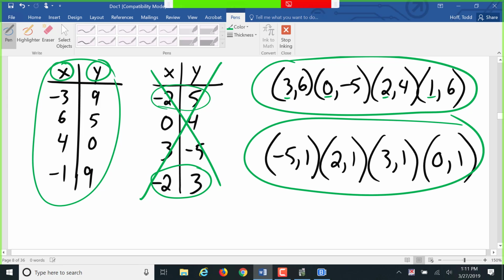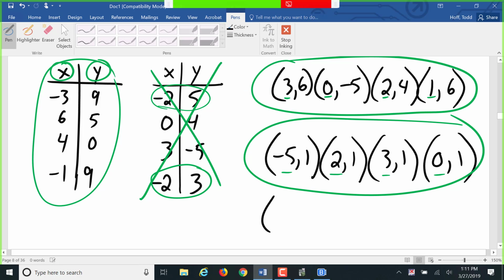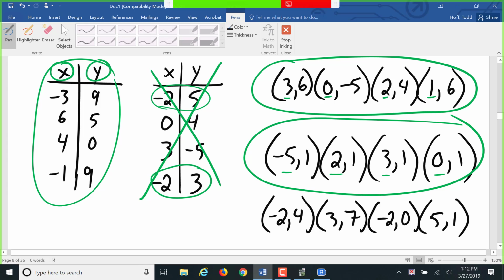Yes, it is. Every value in the domain is unique and it goes to one value in the range. Now they all go to the same value. It's definitely not one-to-one because all of them go to that same value of 1 in the range, but it's still a function. Is that a function? No. Negative 2 goes to 4 and negative 2 also goes to 0. That is not a function.